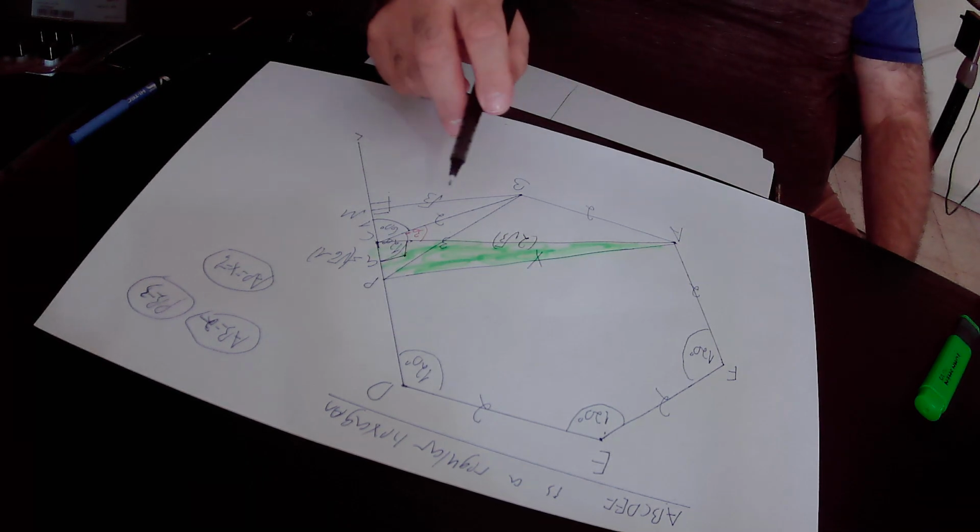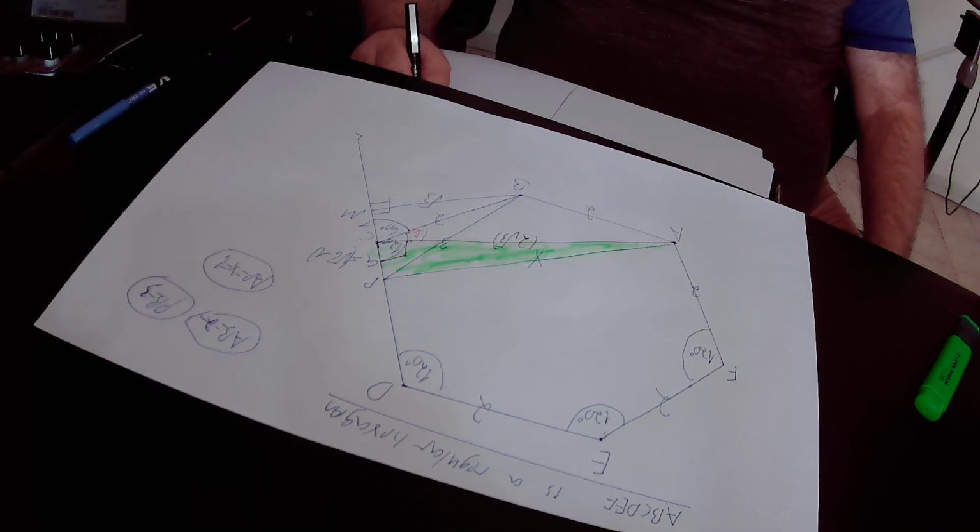The hypotenuse of the green triangle, AP, equals x, that is the line segment that we are looking for.